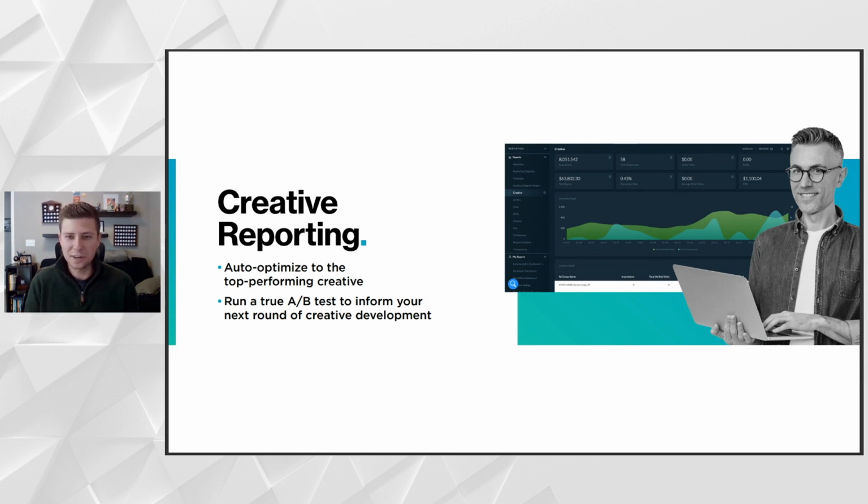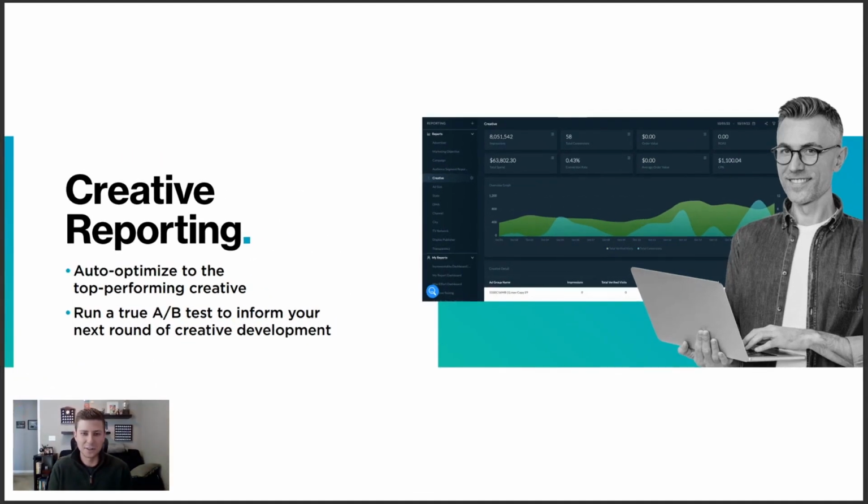So maybe straightforward, but very vital to have. And with some newer ad types, especially in the search space or campaign types coming out with asset groups and things like that, we don't even have the level of granularity of creative reporting with some of those. So definitely a nice to have here in terms of just an extra level of segmentation and insight that you can get out of the dashboard.